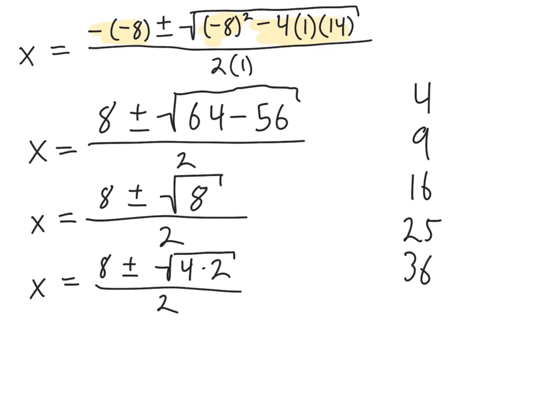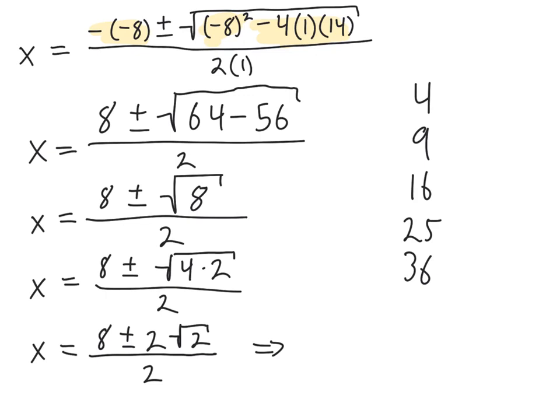Well, now that we have that split into the product of 2 factors, we can take the square root of the first factor, and what we'll have is 8 plus minus the square root of 4, which is 2, and we still have the square root of 2 left over, all over 2.